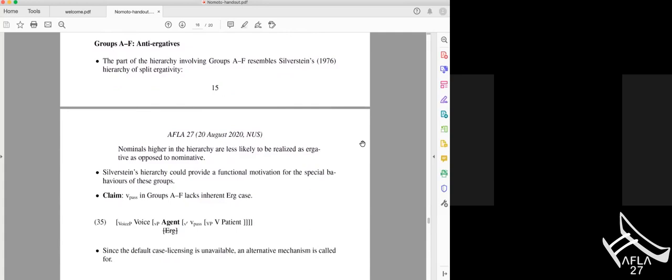Since the default case licensing is unavailable, an alternative mechanism is called for. And one promising strategy is licensing by adjacency by Levin. So according to Levin, head-head adjacency is employed in place of case licensing.